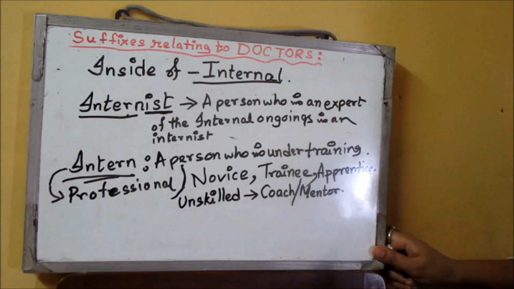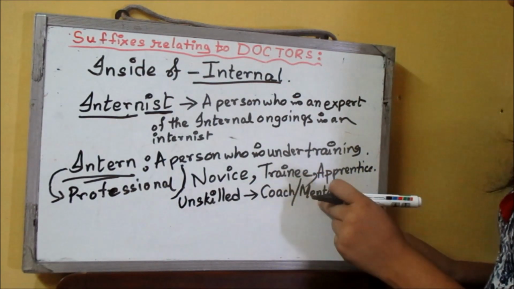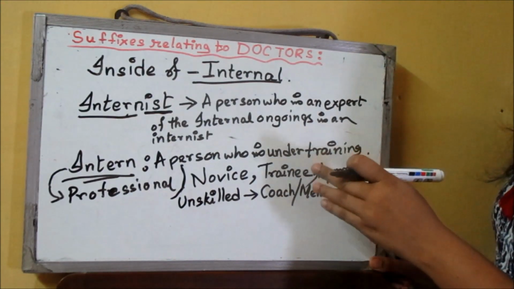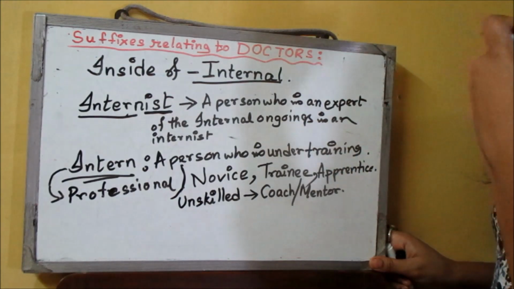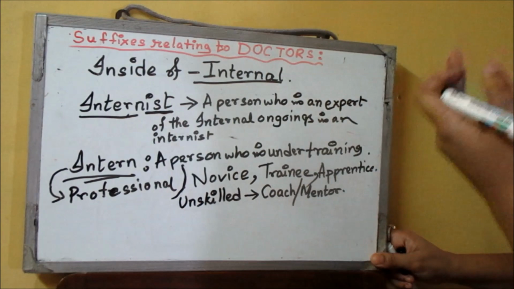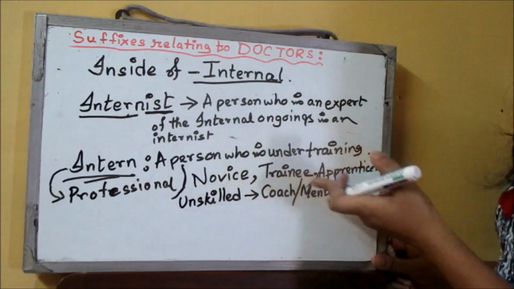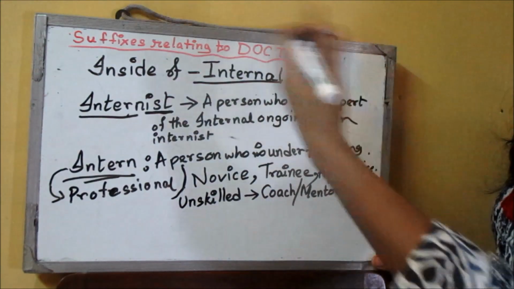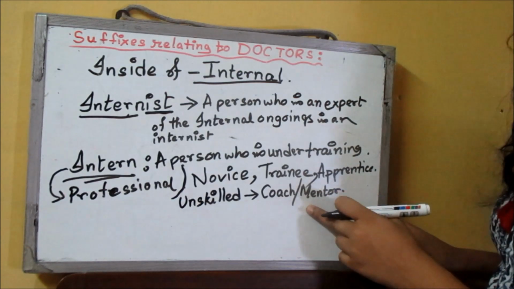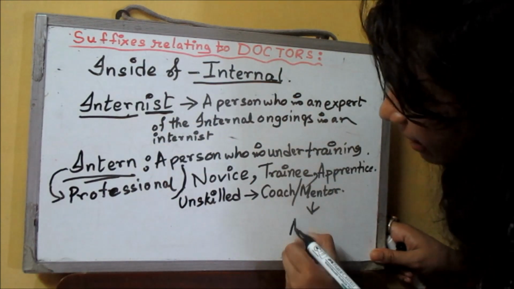So the coach or the mentor is training the person, making the intern, the novice, the trainee learn, right? The person is being a mentor to the intern. So the person who is learning, the intern, can also be called mentee.